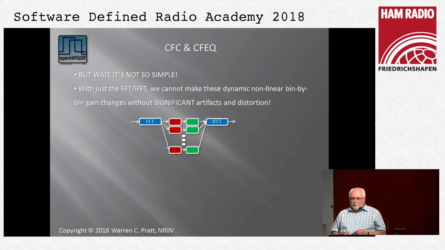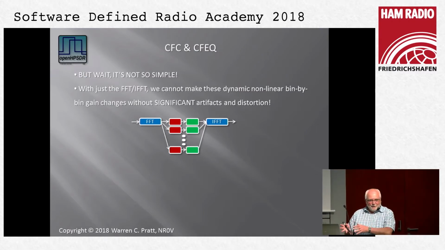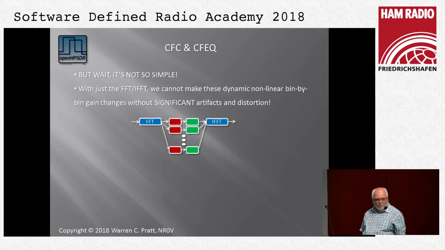If we weren't modifying the frequency bins individually, then we could do an FFT and inverse FFT. But you can't do the FFT, do individual modification of frequency bins differently, and do an inverse FFT and get a result without problems. So we have to solve that problem.